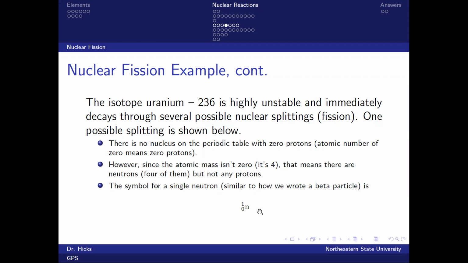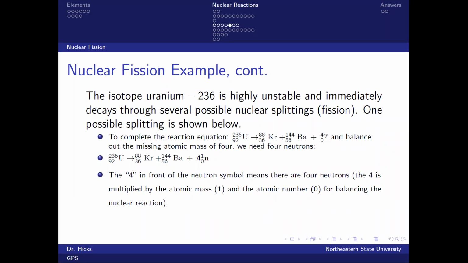So this is kind of similar to how we wrote the beta particle, 0, 1, n. So this is the complete nuclear reaction. And the way that we write these 4 neutrons, instead of having a 4 as the atomic mass, we put a coefficient of 4 in front of it. Because those 4 neutrons aren't together as a nucleus. They're just going to go in 4 random directions.